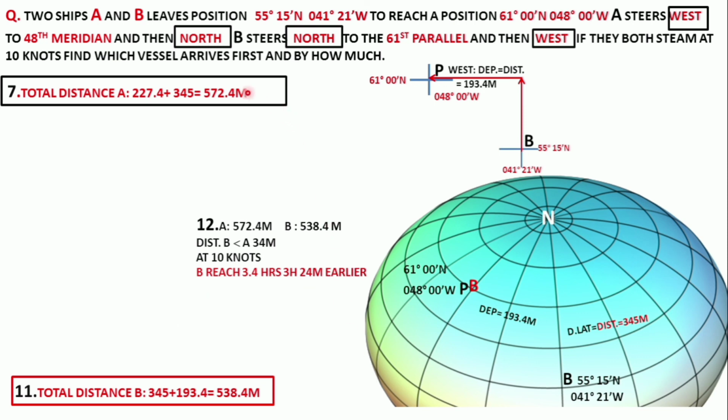Now the distance covered by A, distance covered by B. So the distance of A is actually more by 34 miles. So B will reach its destination 3.4 hours earlier.